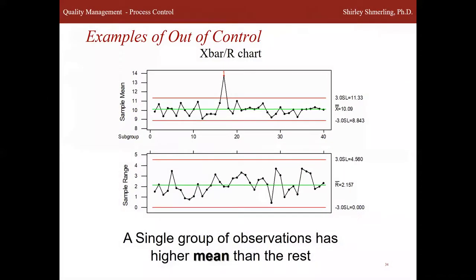If there's a single group of observations that has a higher mean than the rest of the groups, then it indicates that during that particular time, the process was out of control. This signals to the operators of the process that they should take action and reduce the special cause of variation, say by maybe recalibrating the machine.